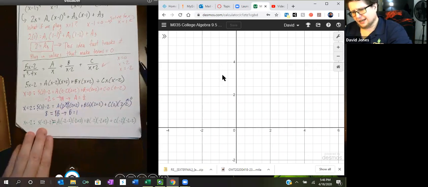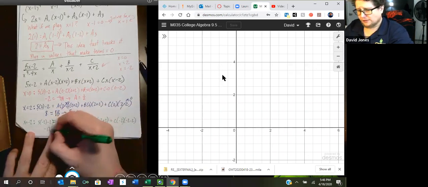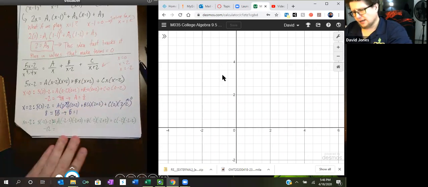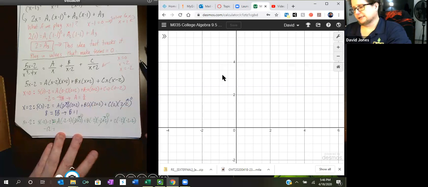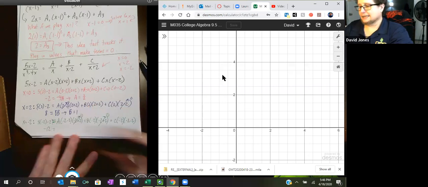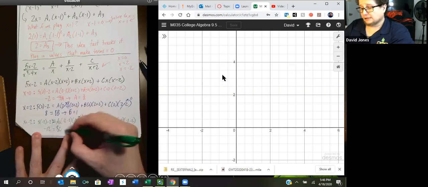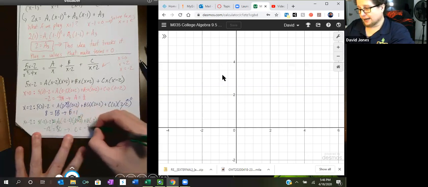This is negative 10 minus 2 is negative 12. Negative 2 plus 2 is 0. So these two terms go away. And I get negative 2 times negative 4 is 8. C equals negative 3/2.